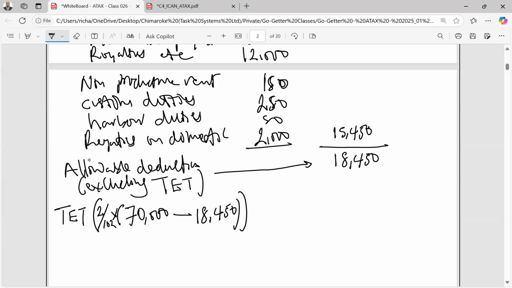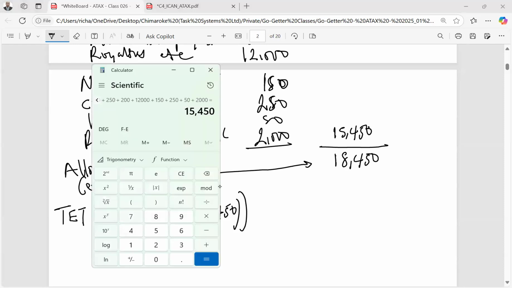So it is 2 over 102 times 70,000 minus 18,450. This 51,550 is not 100% accessible profit. It is 102% because a 2% TET is inside. We will now say multiplied by 2 divided by 102.